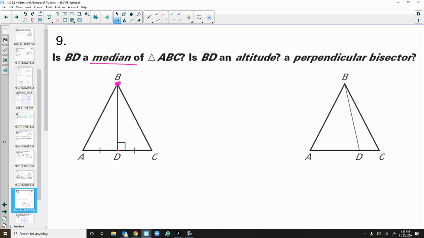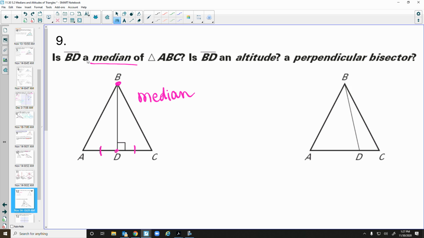So the only markings you ever need for something to be called a median is that the line goes through the vertex and you see that congruency symbol. So yes, this is a median. It doesn't have to bisect the vertex angle. It will only do that sometimes, for special conditions.